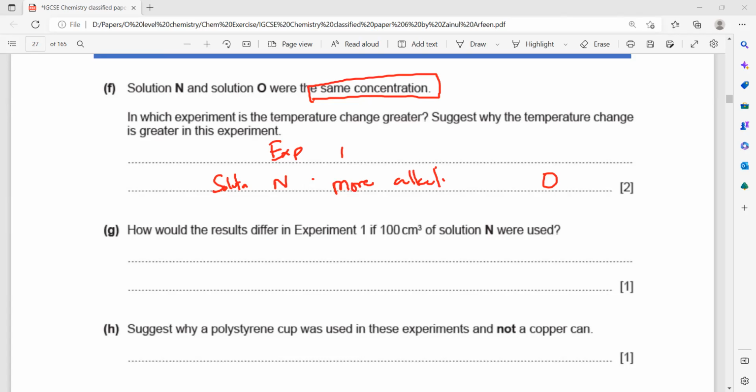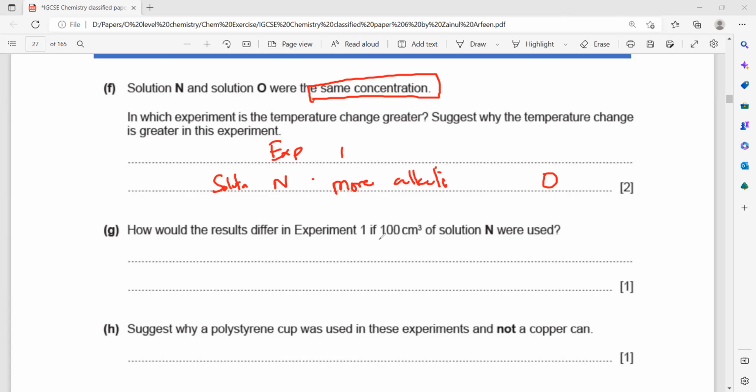As you mentioned, it's the same concentration, so you can mention that N is more alkaline. Why can you not mention concentration here? Because they already mentioned they have the same concentration.